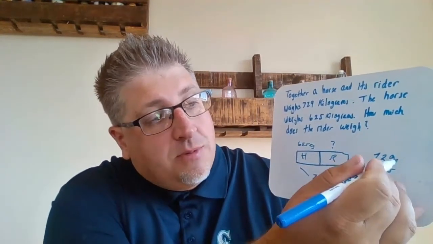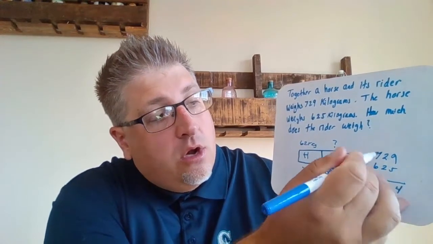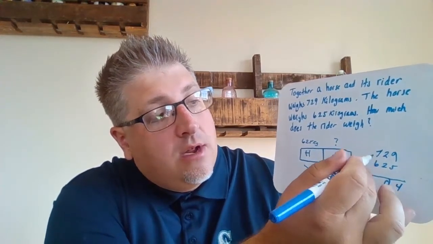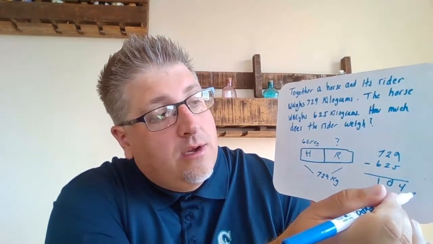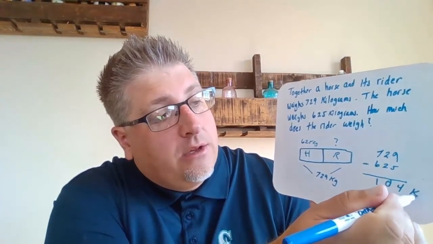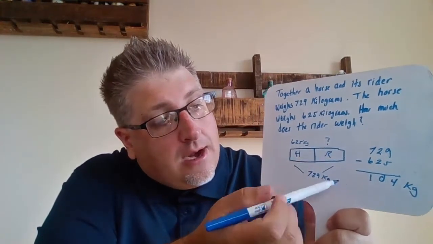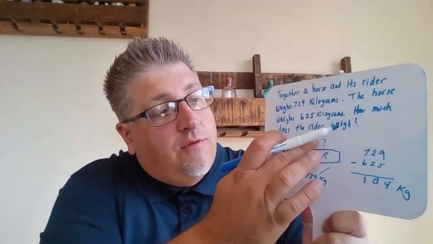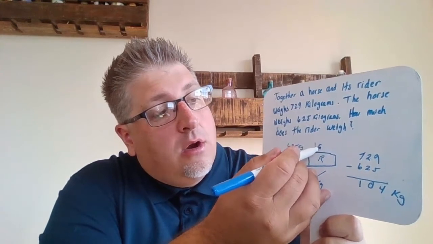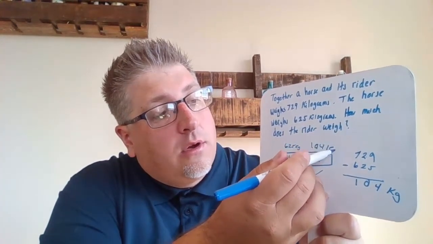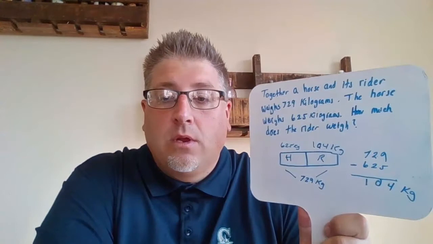So 9 minus 5 is 4. 2 minus 2 is 0. And 7 minus 6 is 1. And we are working in kilograms. So we know that the rider right here weighs 104 kilograms.